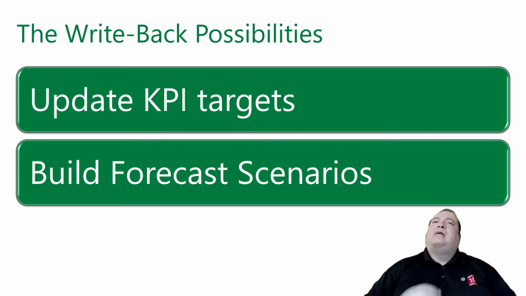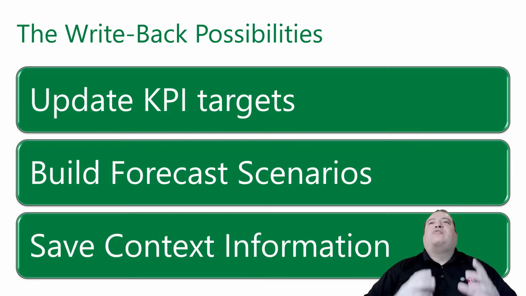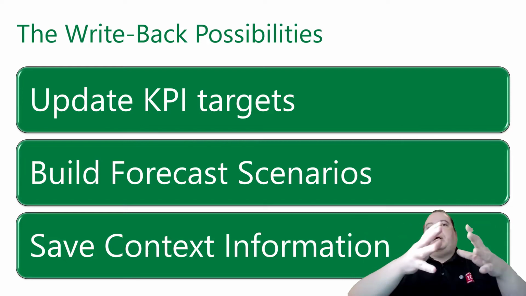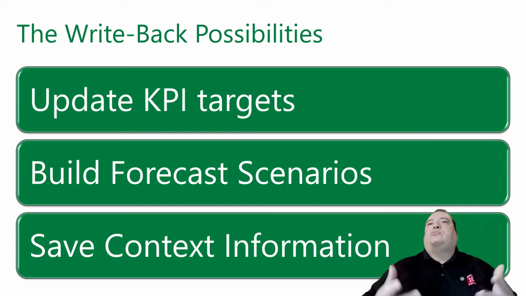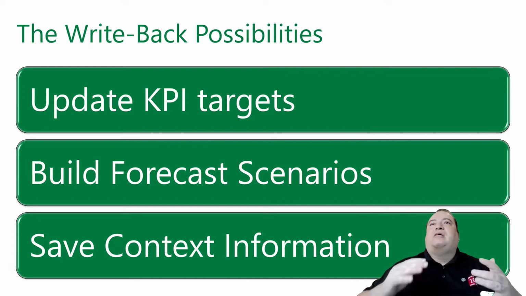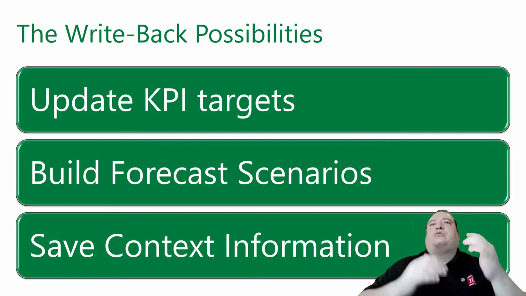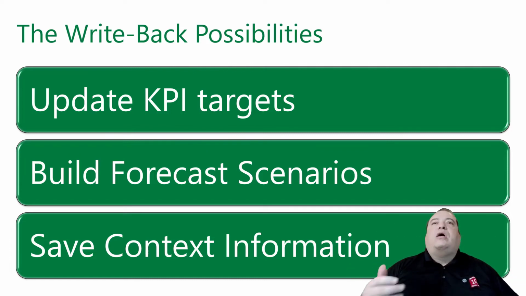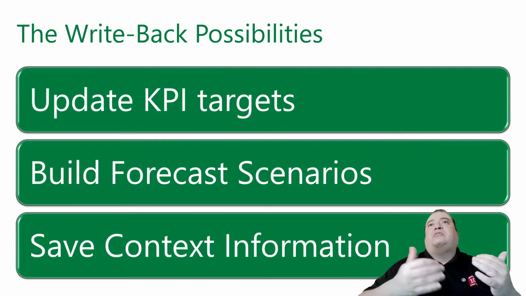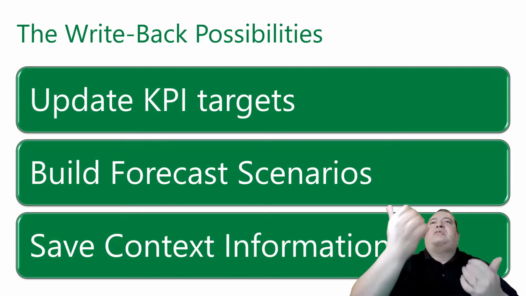And the one I like the most, save context information. When we see a bar chart, for example, in a visual, what context do we have to understand the ups and downs of the bar chart? If it's a sales chart, for example, how do we know why the sales increased or why the sales decreased?